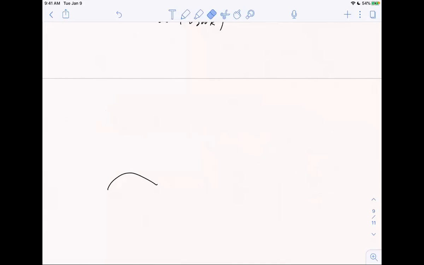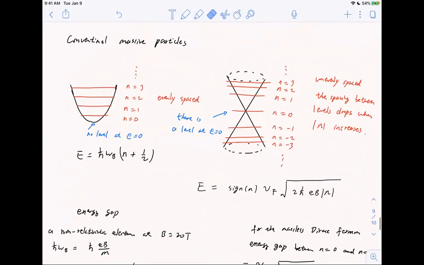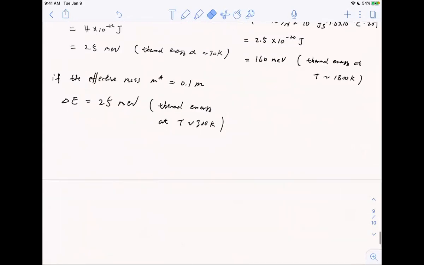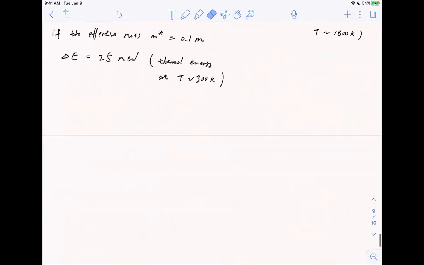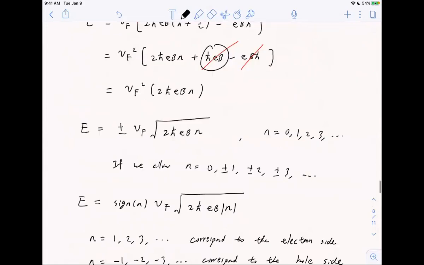Okay, so let's consider why there's such a difference in the spacing. First, let's consider the degeneracy of the Landau level. Okay, the degeneracy of the Landau level. So for the conventional case, let's go to a conventional case.